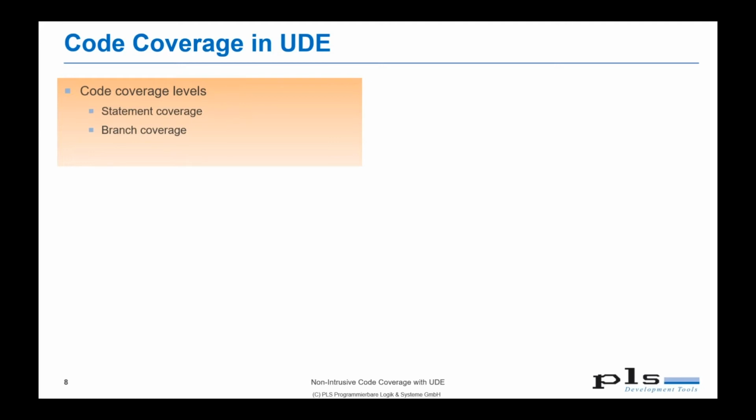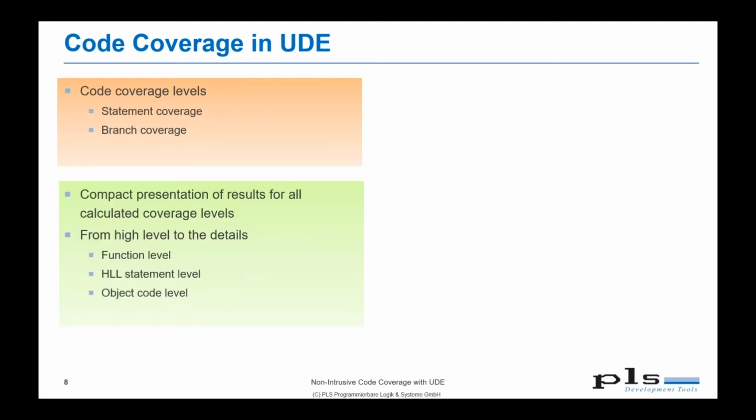The trace-based code coverage that UDE provides can calculate two levels of code coverage: statement coverage C0 and also branch coverage C1. The coverage results are presented in a dedicated code coverage window that allows you to look into the coverage at several levels of detail, for example, at function level, which is interesting to get an overview.